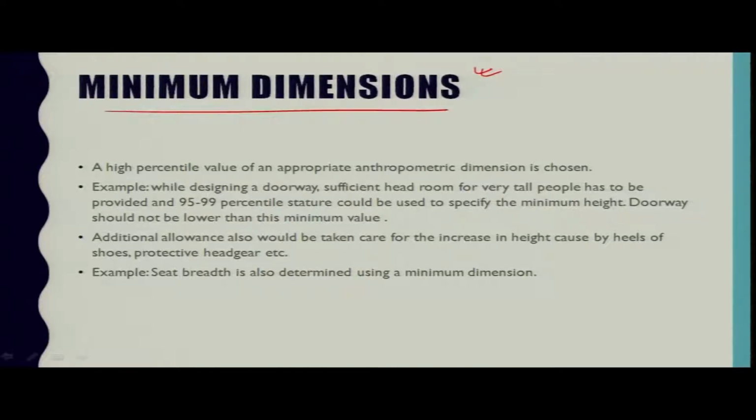For a minimum dimension, a high percentile value of an appropriate anthropometric dimension is chosen. As an example, while designing a doorway, sufficient headroom for very tall people has to be provided, and 95 to 99 percentile stature could be used to specify the minimum height.